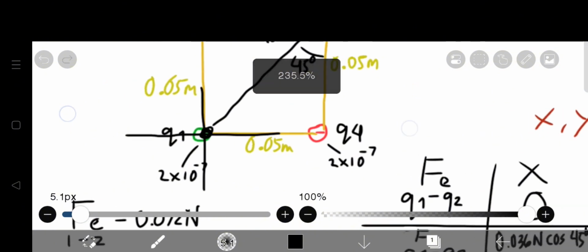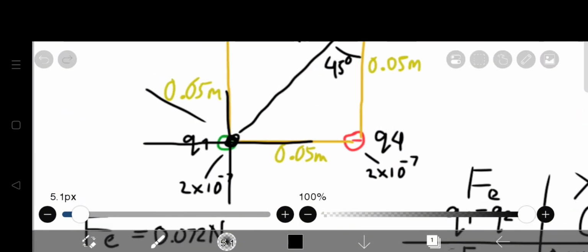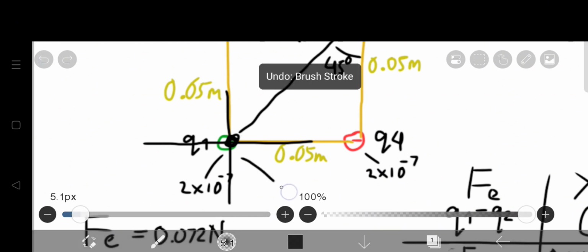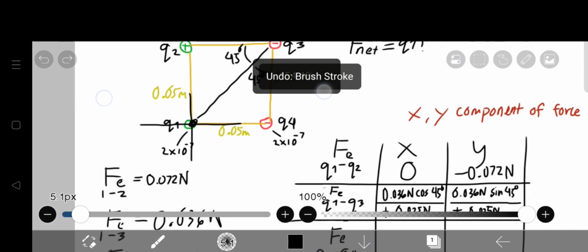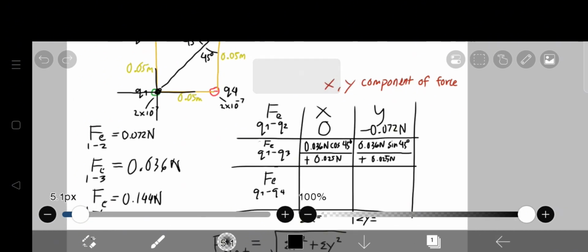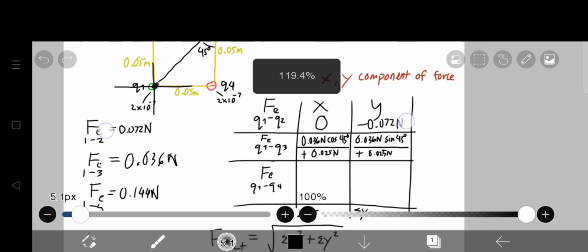Now, kung halimbawa sa quadrant 2 yan makikita, yung x niya would be negative and yung y niya is positive. Kung sa quadrant 3 naman yan makikita, yung x niya ay negative and yung y niya ay negative. And then kung sa quadrant 4 naman yan nakita, yung x niya would be positive and the y would be negative. But since it was found in the quadrant 1, both x and y are positive. So both 0.025 newtons are positive.